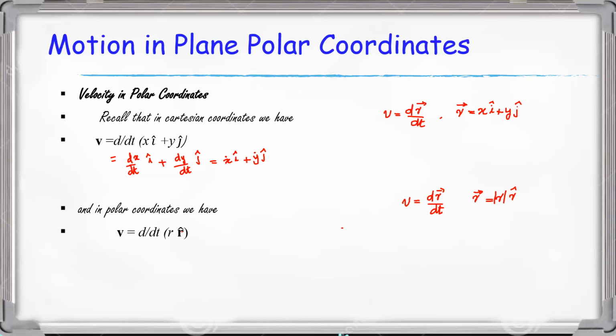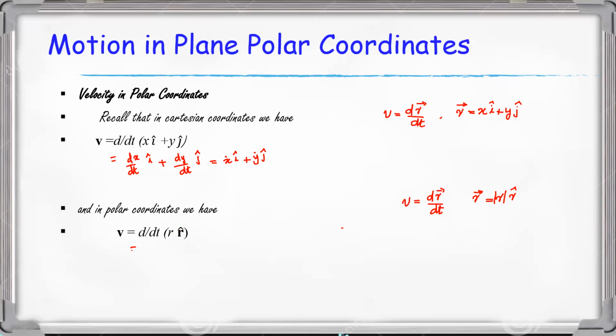We know that the direction of the radius vector and the angle also change, or the directions of theta cap and r cap change throughout the motion. Then the two quantities, italic r and the unit vector, also change.